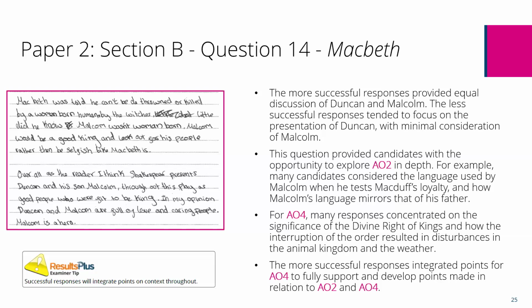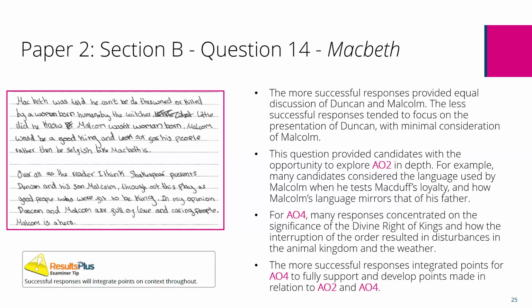The question provided candidates with the opportunity to explore AO2 in depth. For example, many candidates considered the language used by Malcolm when he tested Macduff's loyalty and how Malcolm's language mirrors that of his father.